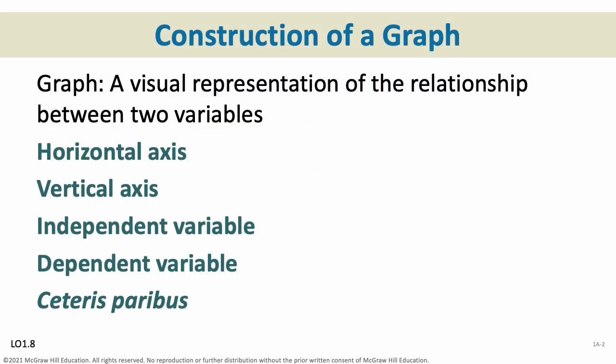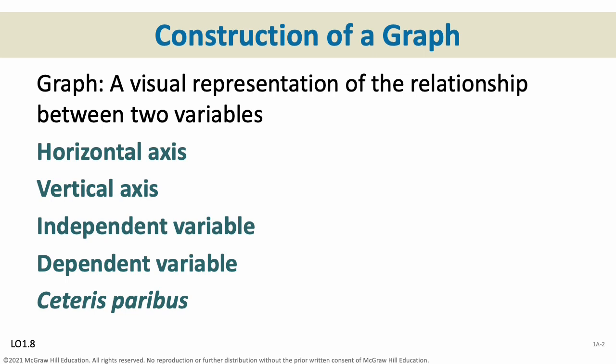So anytime you see a graph, it's just simply a visual relationship between two variables. And we have our horizontal and our vertical axis and our independent and dependent variable. Now, we always put the independent variable, the one that changes first, generally on the horizontal axis and the dependent variable on the vertical.